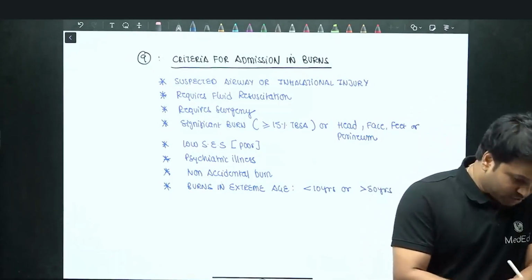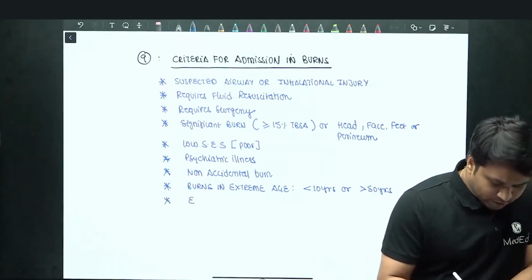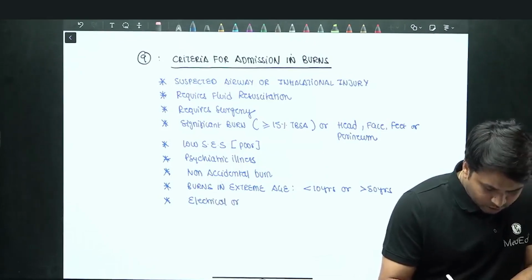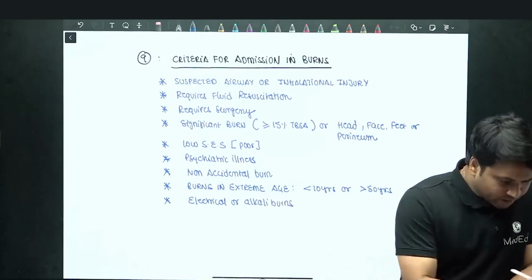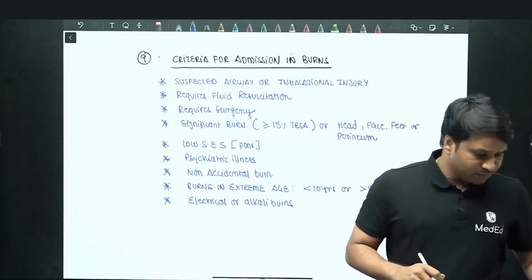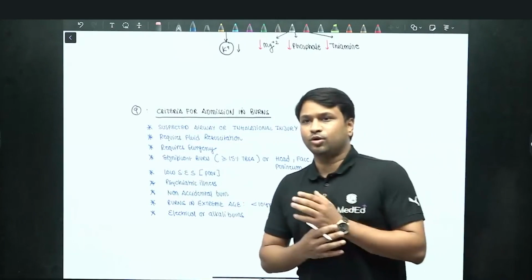Extreme of age is another criterion. If there are electrical or alkali burns, then these are the components to be looked at.